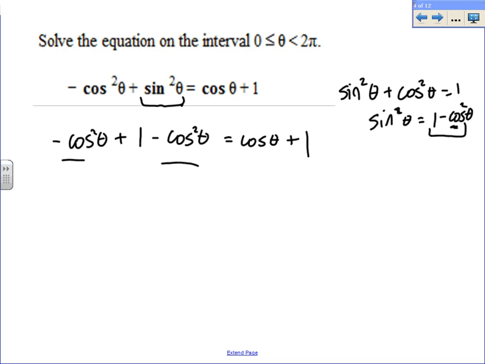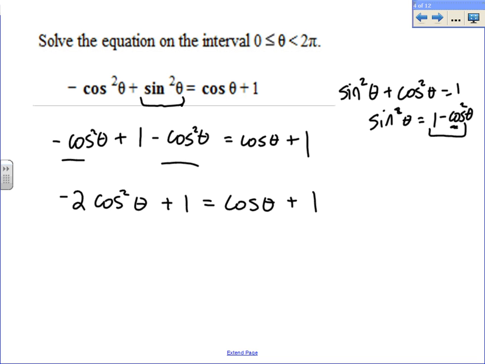Those are like terms, and I combine them just like if it was a negative x squared and a negative x squared would be negative 2x squared. So this would give me negative 2 cosine squared theta plus 1 equals cosine theta plus 1.